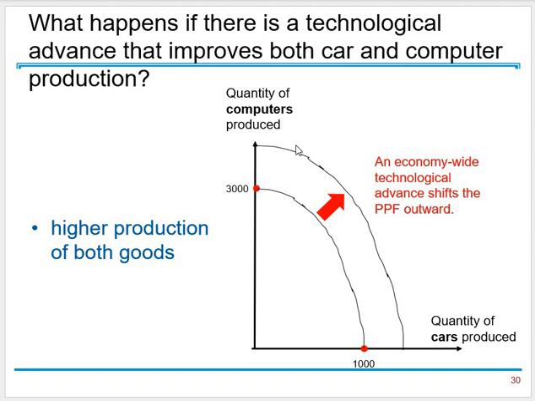Okay, so you have a new PPF above your old PPF, and you are producing along this curve. So when that holds, all the points underneath this new PPF or along this new PPF are feasible now.